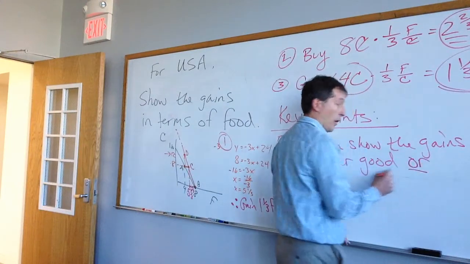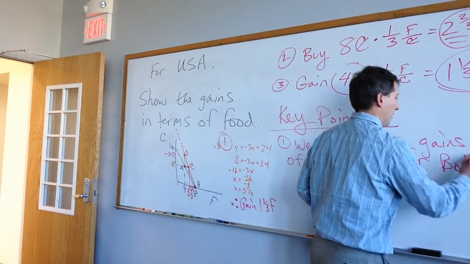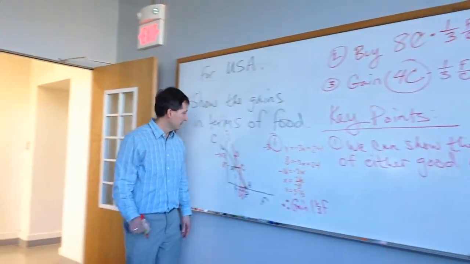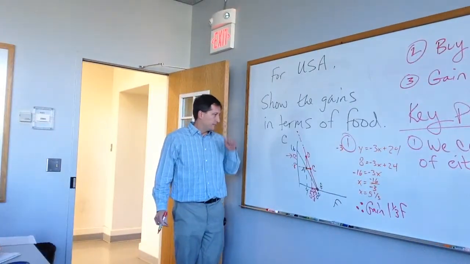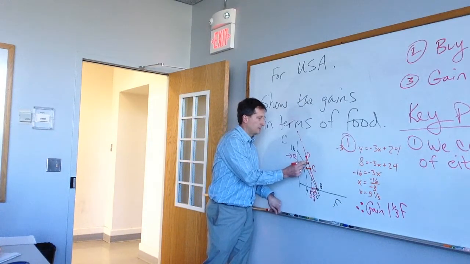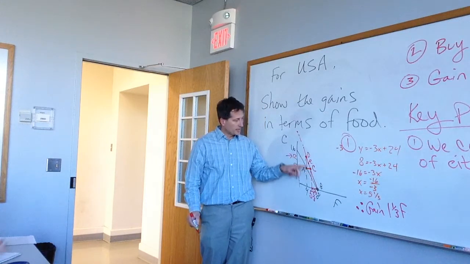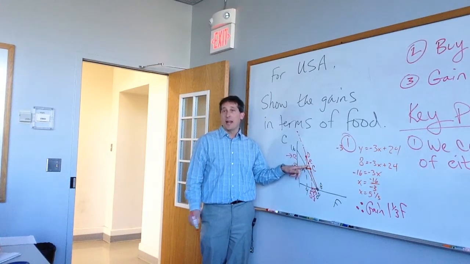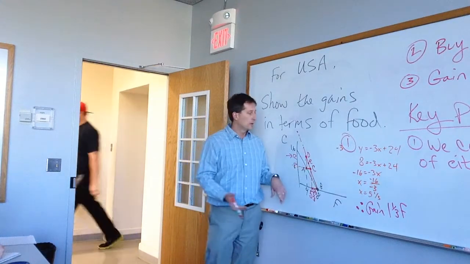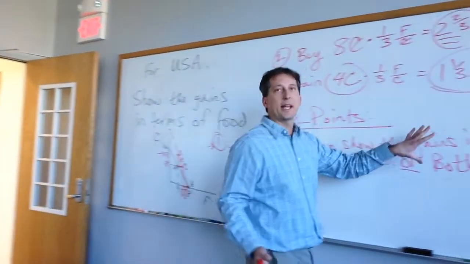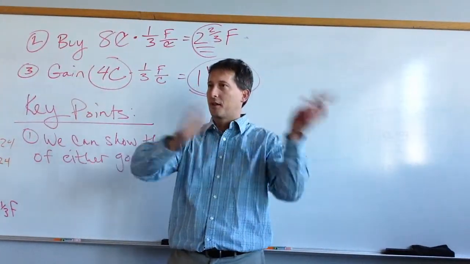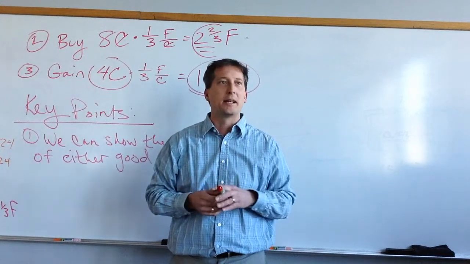And I might add, or both goods. I could introduce a point like E in between these two, which would show, hey, we're up a little food and we're up a little cars, we're made better off, right? So the reason why we show the gains from trade in terms of one good is because it allows us to measure easier, right? To have a common denominator.